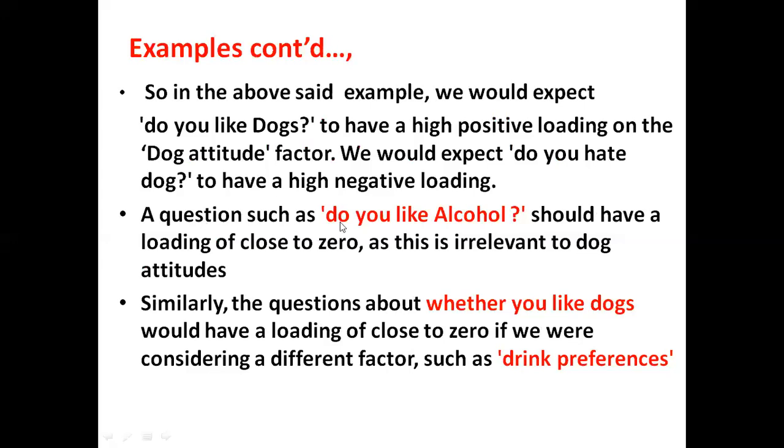Fine. Let us suppose that a question such as do you like alcohol should have a loading of close to 0, because this is irrelevant to dog attitudes, right? Similarly, the question about whether you like dogs would have a loading of close to 0 if we consider a different factor such as drink preferences, right?